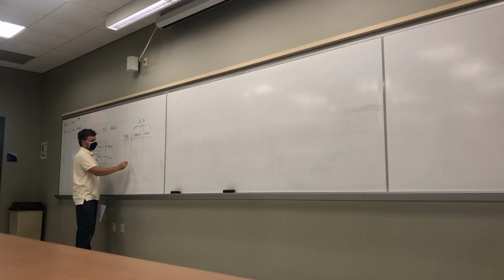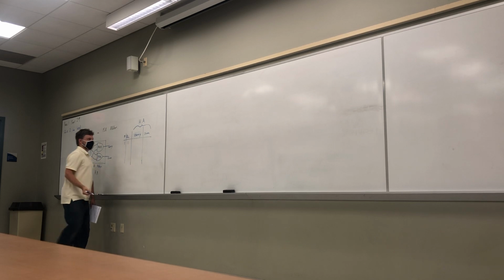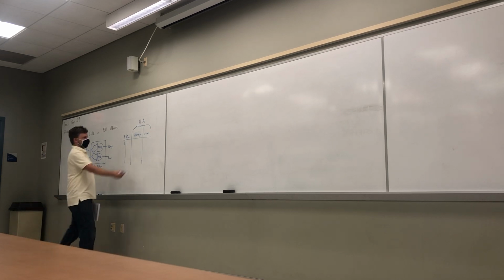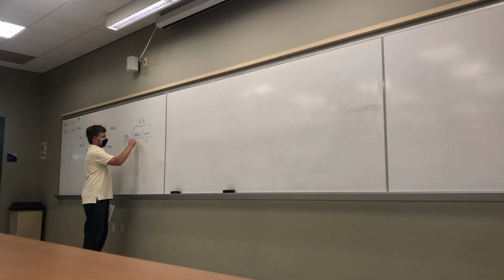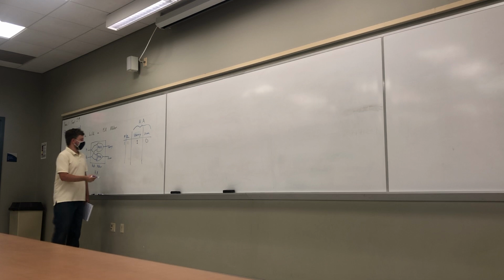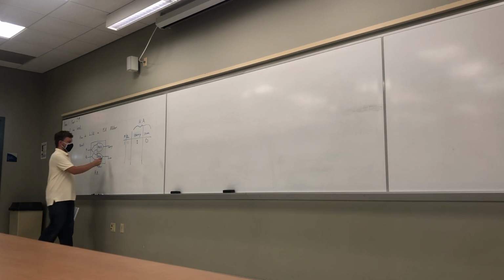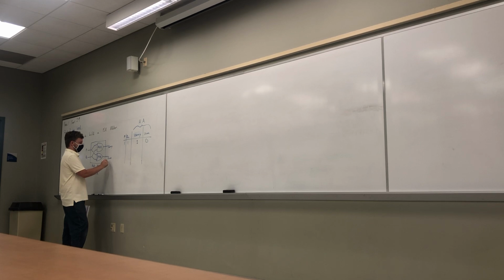You get that 1 plus 1 is equal to 2. That means that the sum should be a 0 and the carry should be a 1. Another word for sum and carry: the sum is going to be the ones place, and the carry is going to be the twos place.